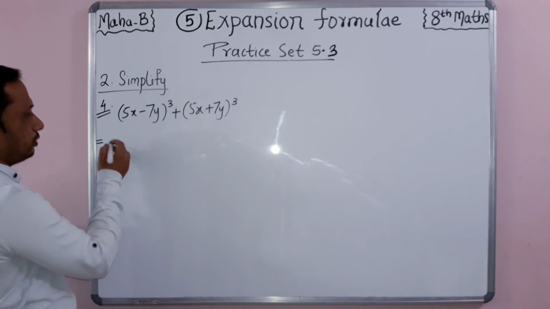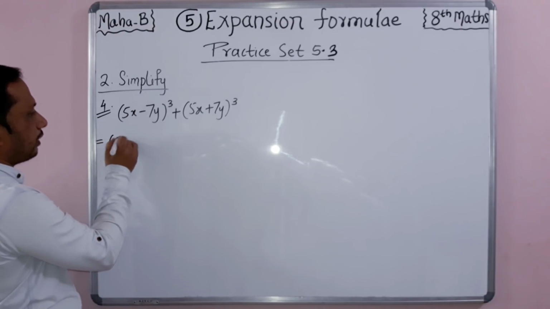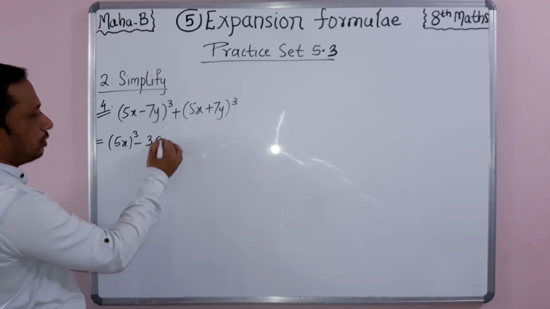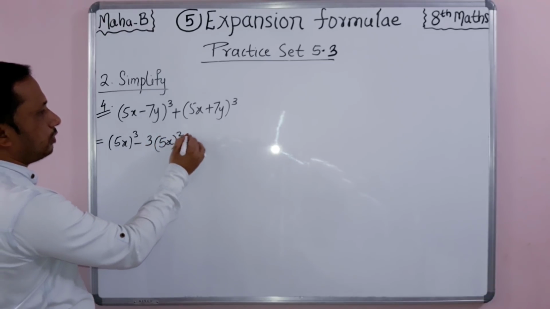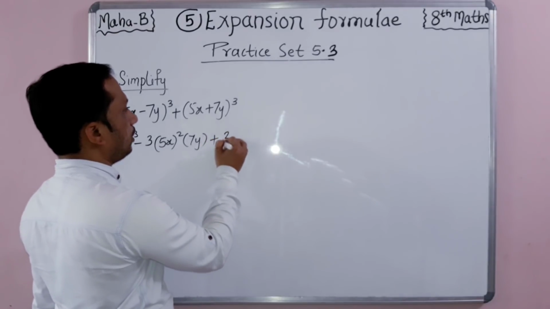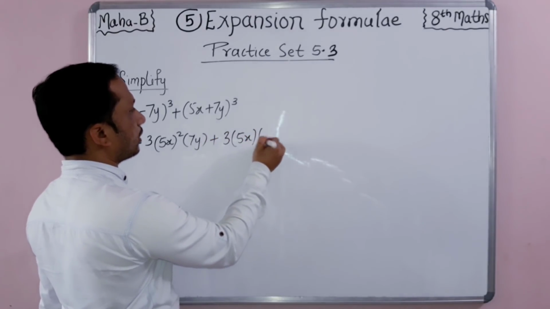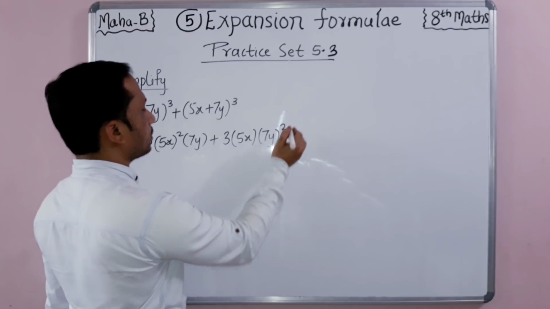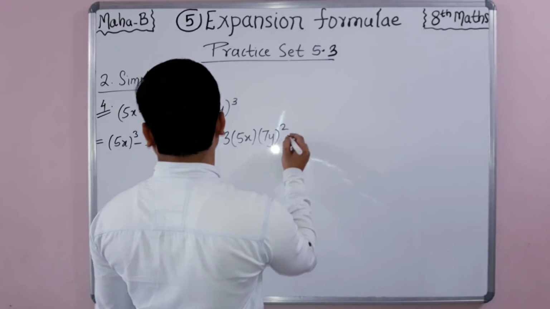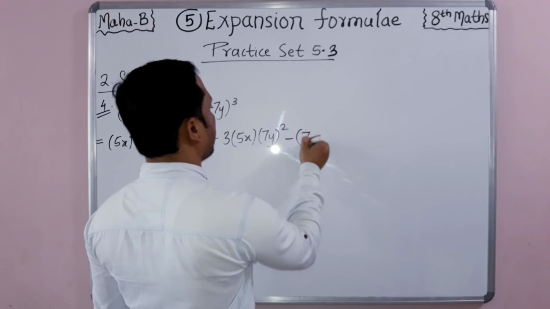So start students. 5x cube will be there, minus sign, so minus 3, and first number square 5x square into second number 7y, plus 3 into first number 5x and second number square 7y square, and then the last one will be second number's cube, so minus 7y cube is there.